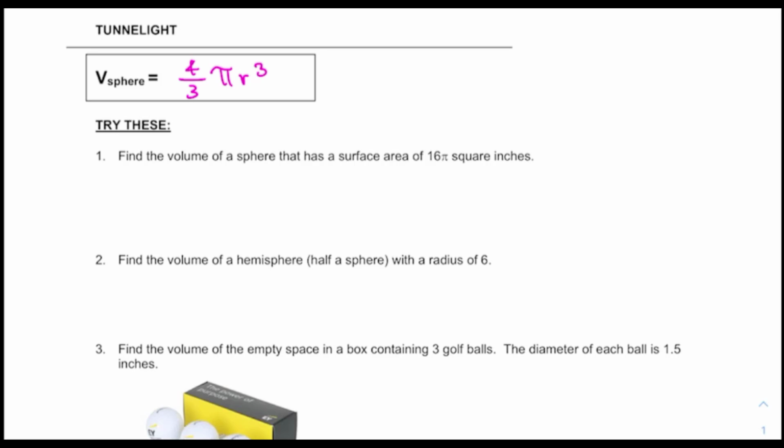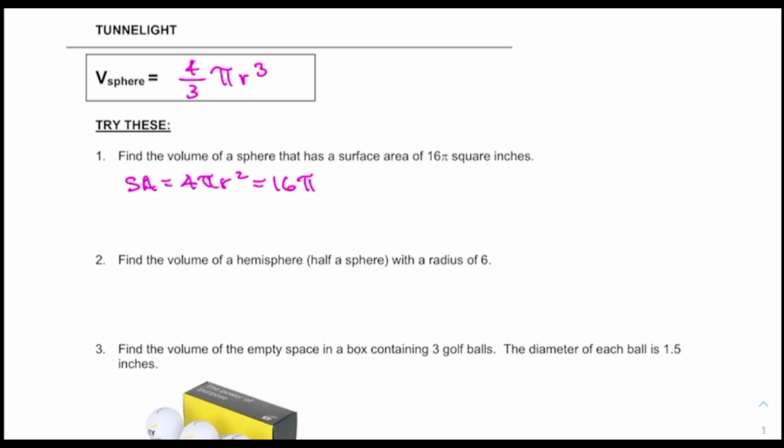First problem there, you're talking about the volume of a sphere, which has a surface area of 16 pi square inches. So if I know the surface area, I can use the surface area formula. So surface area is equal to 4 pi r squared, which we learned earlier in the chapter, and that's equal to 16 pi.